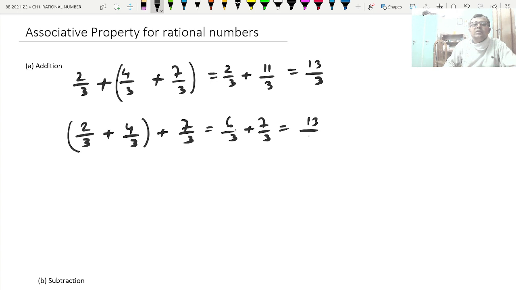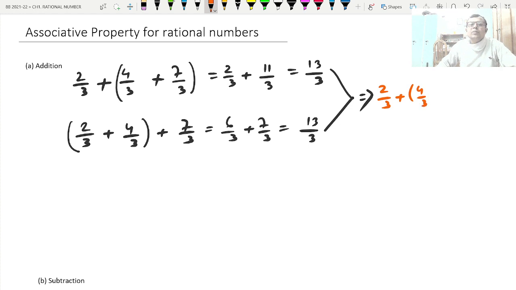So finally you got the same number. These two are the same. What does this imply? 2 by 3 plus 4 by 3 plus 7 by 3 is equal to 2 by 3 plus 4 by 3 plus 7 by 3.